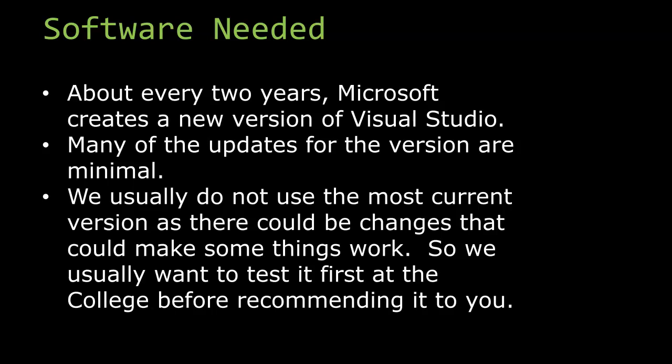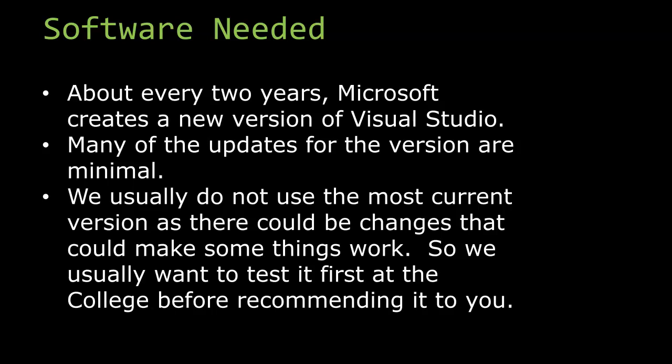Every semester we always have issues with what version we should be using for this particular course, Programming 1. We try to keep it consistent, but Microsoft constantly updates its versions. Why? Money. In other words, they're constantly updating versions.